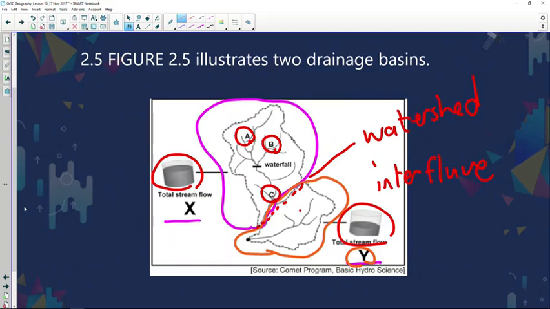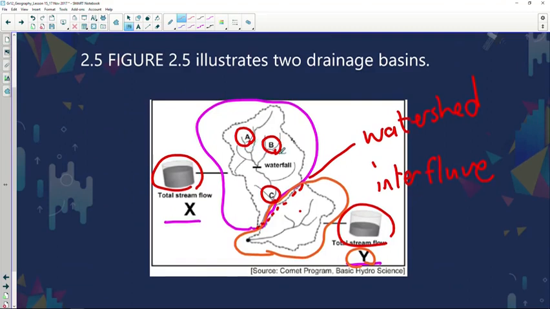So that means when we look at drainage basin X, that it's going to even have a greater drainage density because of the settlements that took place at A, B and C.